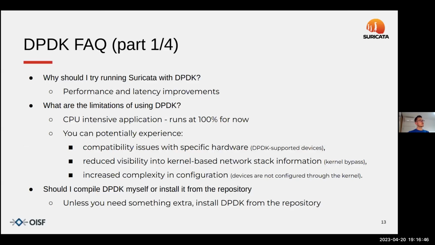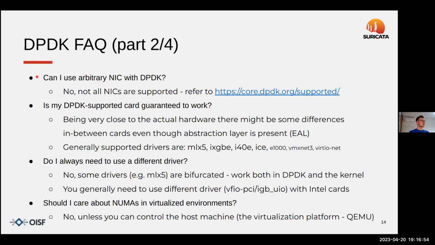Okay, moving on to the next question. We might just add a little note: it's good to know that with DPDK, you cannot use an arbitrary NIC. This is the first point. It needs to be a DPDK supported NIC, and that can be found, let's say, on this page.